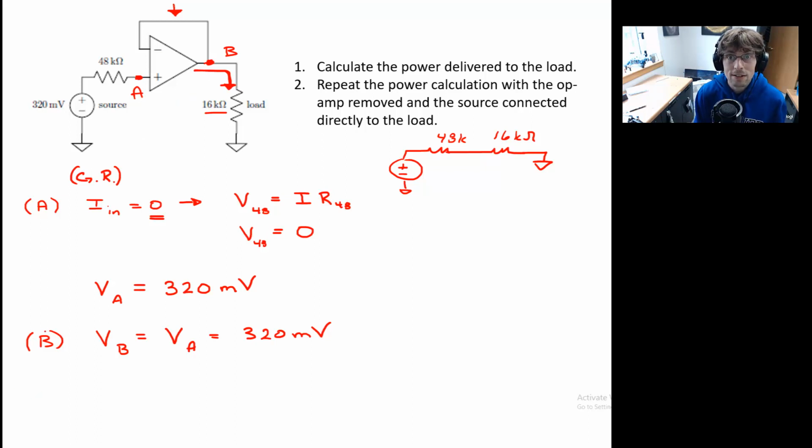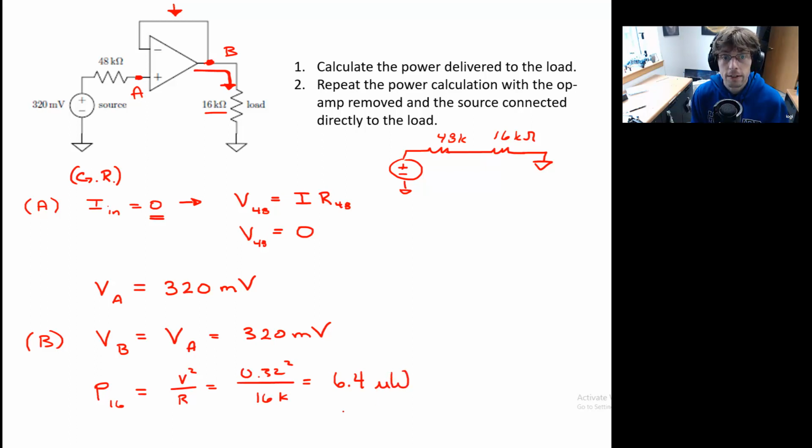So lastly, let's answer the question now. We've got all of the information that we need to answer our question. We're asked what's the power delivered to the load, so I'll subscript that as 16. We have V squared over R, so we have something like 0.32 squared over our 16 K. I get something like 6.4, and I'll go into microwatts, micro being 10 to the negative 6th.